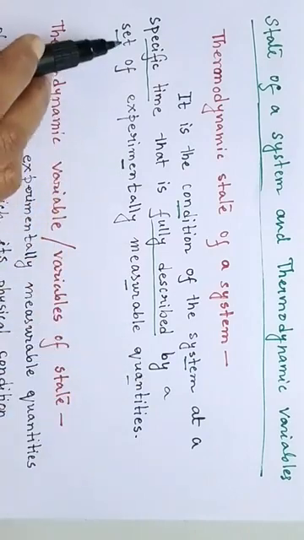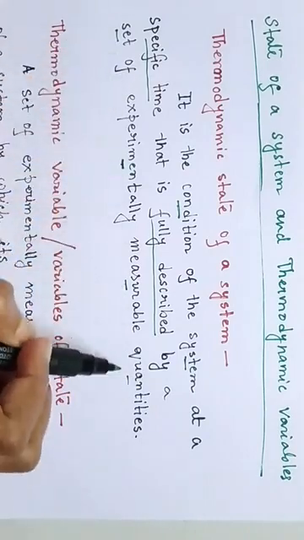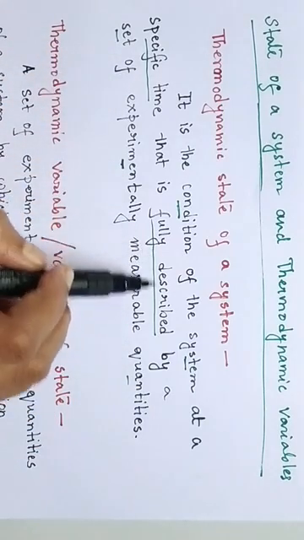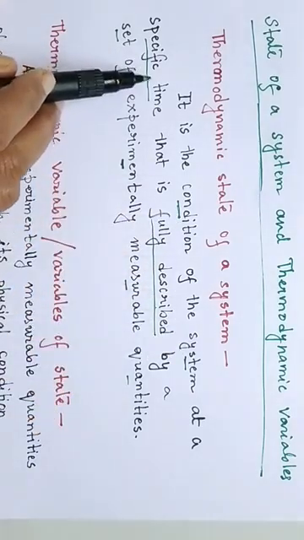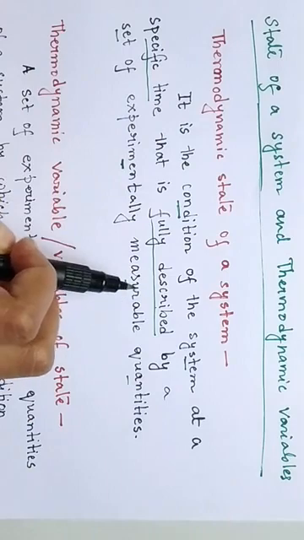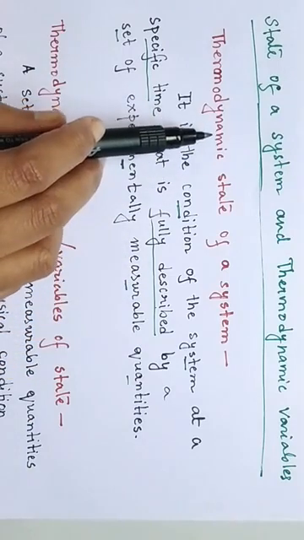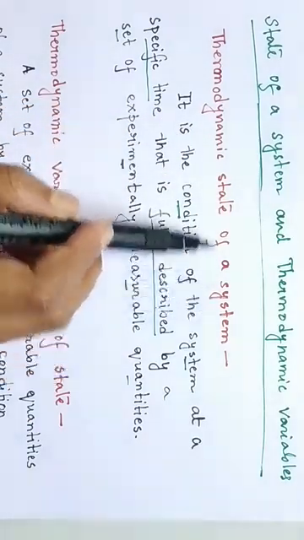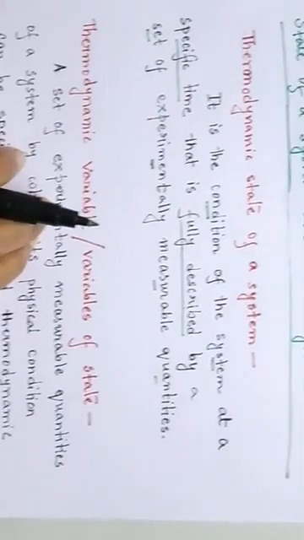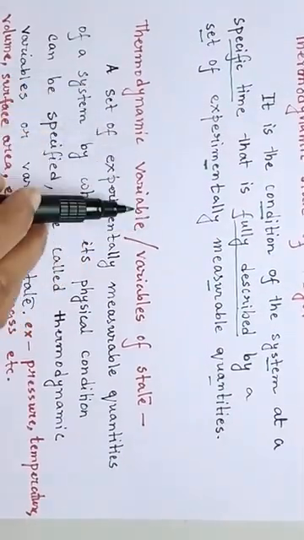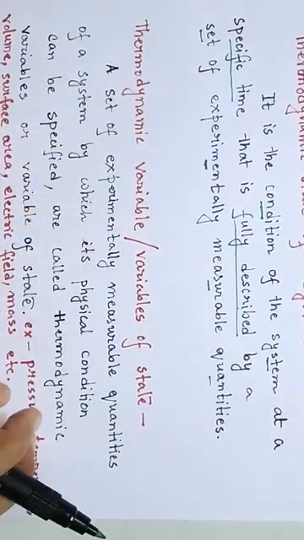With the help of those quantities, you can completely describe the condition of the system at a specific time. That condition which is fully described is called the thermodynamic state of a system, or simply the state of a system. And this set of experimentally measurable quantities are called thermodynamic variables or variables of state.